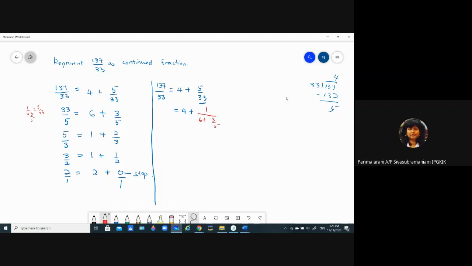And this is equal to 4 plus 1 over the next one, 6 plus 1 over 1 plus 2 over 3.